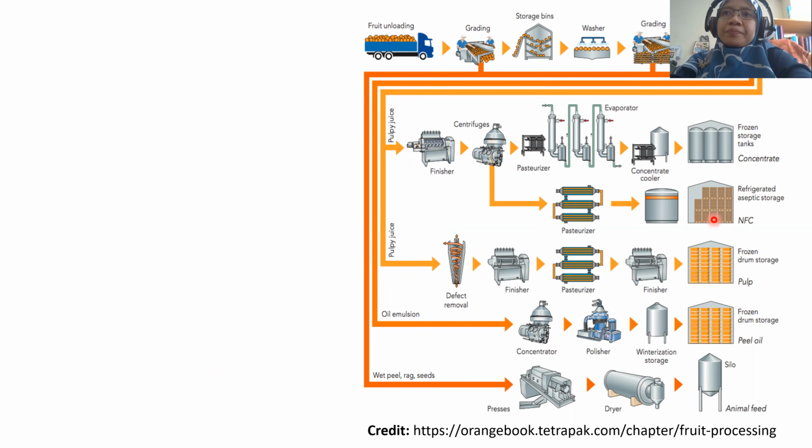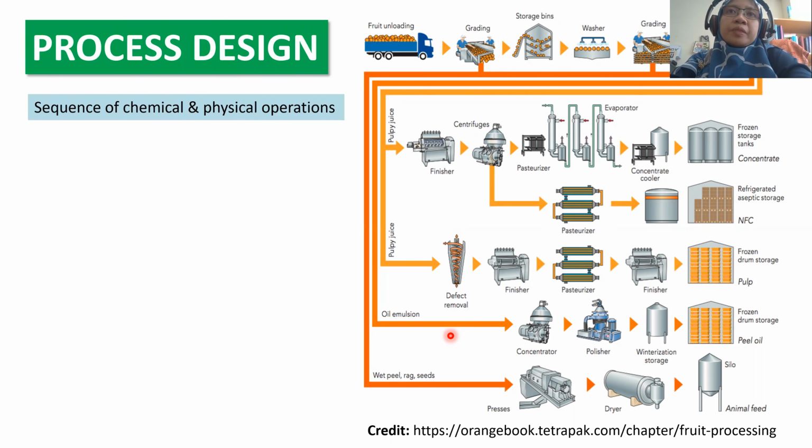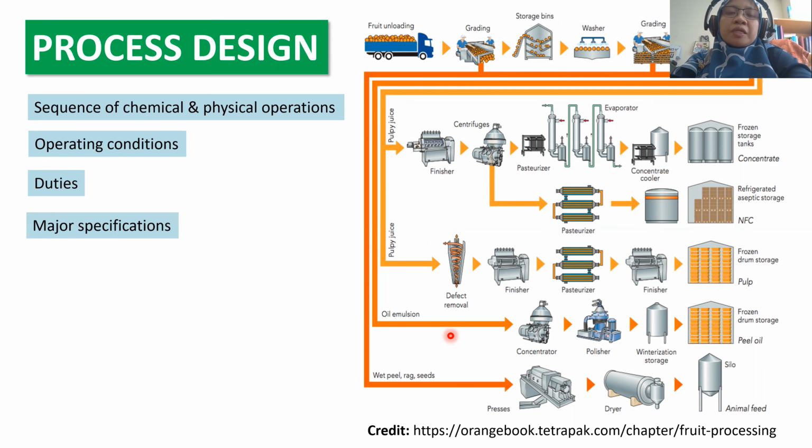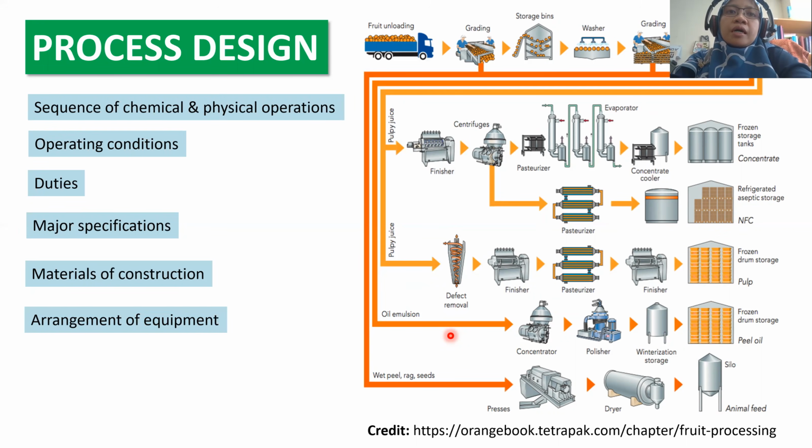From this diagram, we can see that process design will establish the sequence of chemical and physical operations, operating conditions, the duties of each unit, major specification of all process equipment, materials of construction of all process equipment, the arrangement of equipment needed to ensure proper function of the plant, the line size, and principal instrumentation.